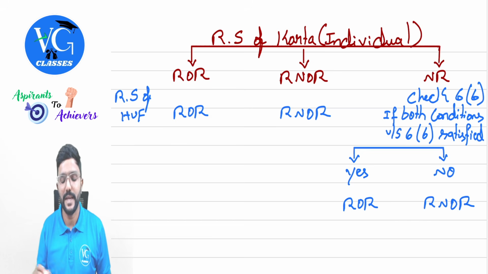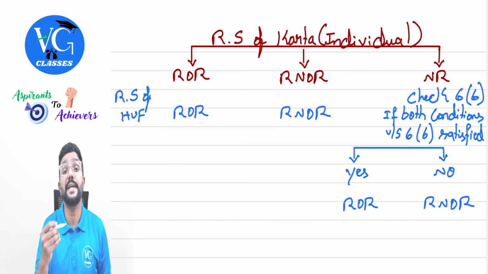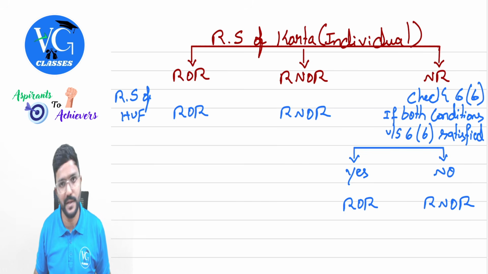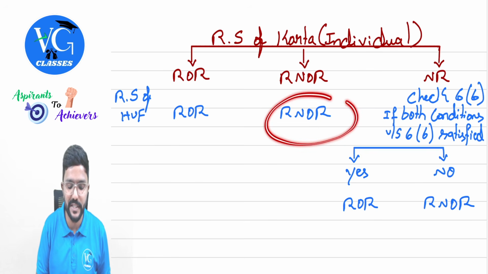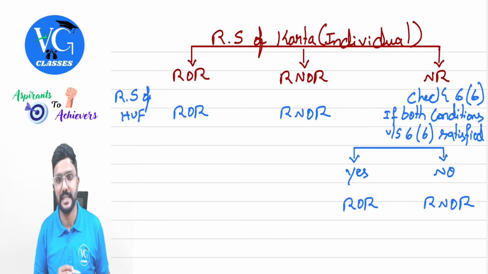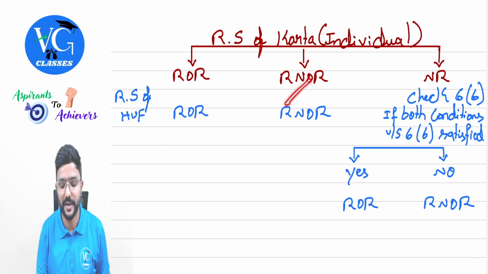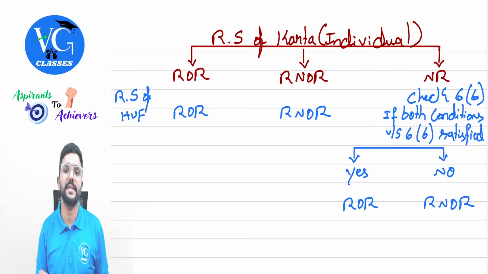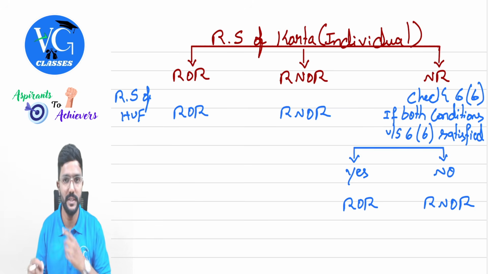Ordinary. Same way, what if Karta is a not ordinary resident? That means he has not satisfied both the conditions given under section 6.6. Yes, sir. So in that case, what will be the residential status of HUF? It is not ordinary resident, guys. Or else we call it resident but not ordinary resident. Got it? Yes, sir.